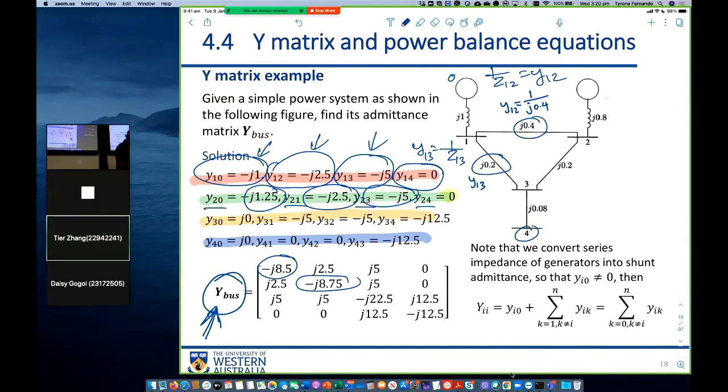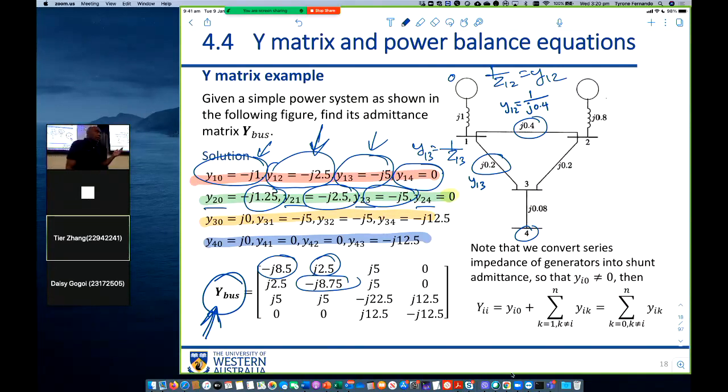You can do the same, Y33, Y44. Now when I talk about Y33, Y44, Y22, Y11, I'm talking about uppercase values because they are the elements in the admittance matrix. Now what is uppercase Y12? Uppercase Y12 is the admittance of the line connecting 1 to 2, negated. So this value here negated would be this value here. Okay.